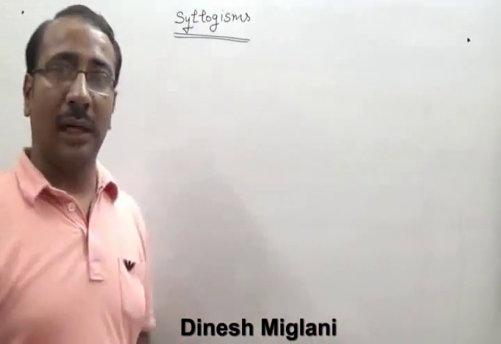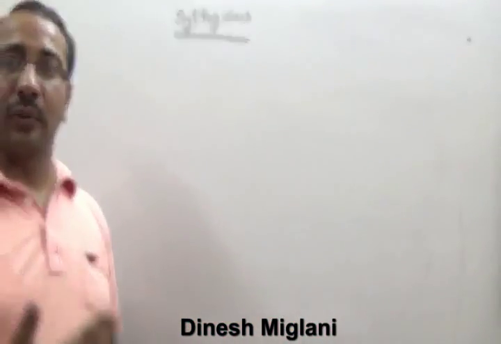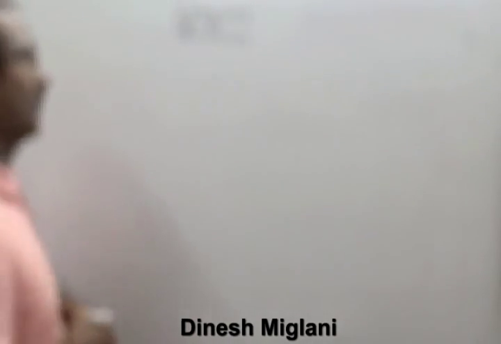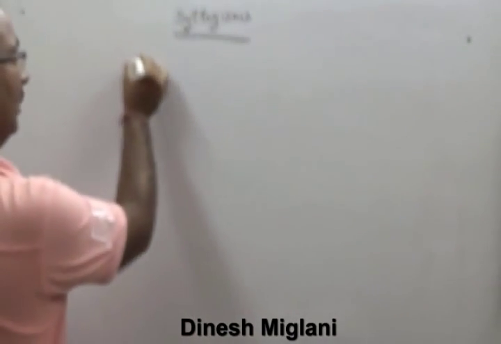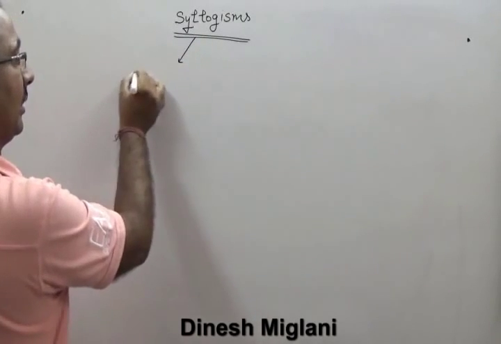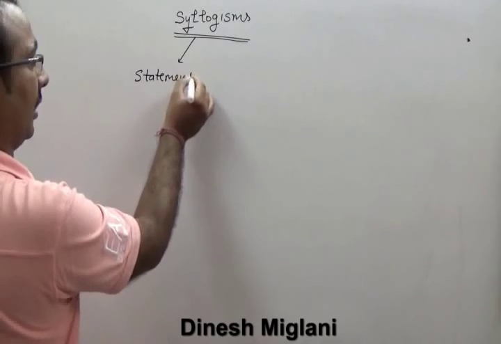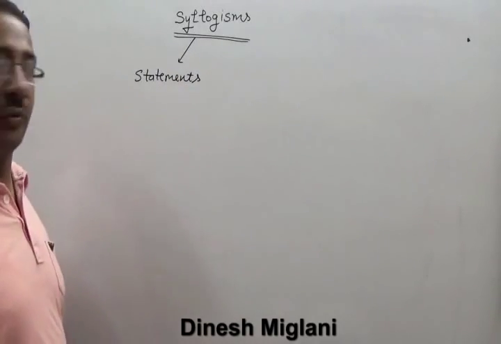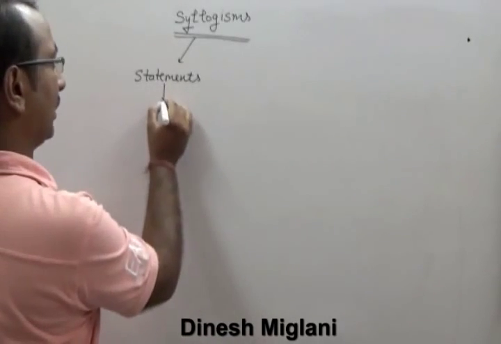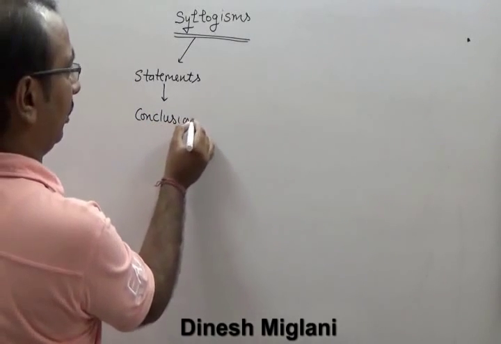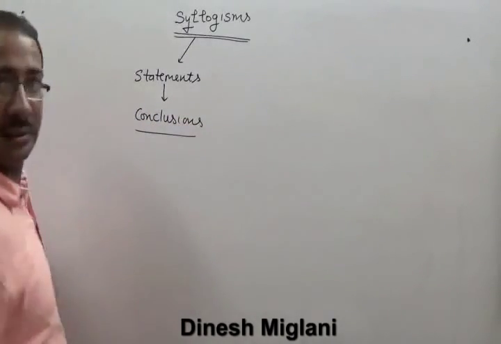To start with this topic, first I want to tell you what type of questions are asked. In these questions, a few statements are given to you. The statements may be 2 or 3, and based on the statements you have to draw conclusions that can be logically drawn from them.